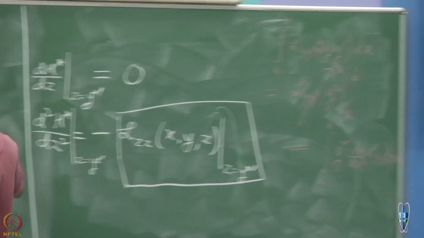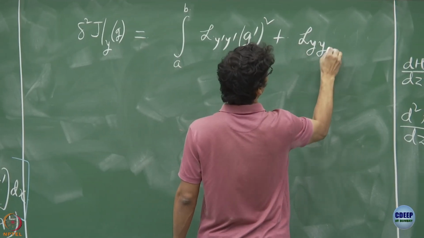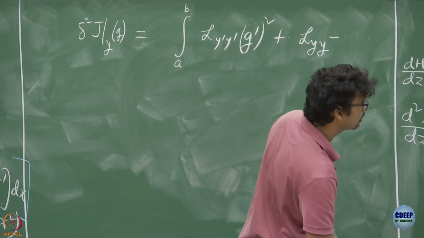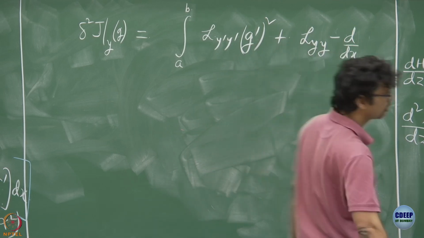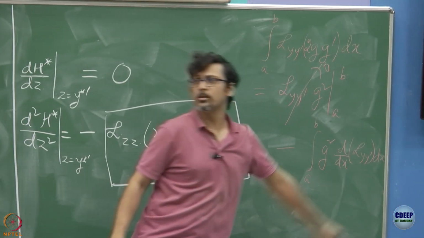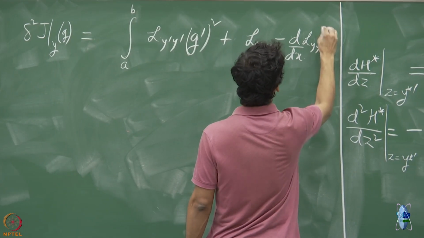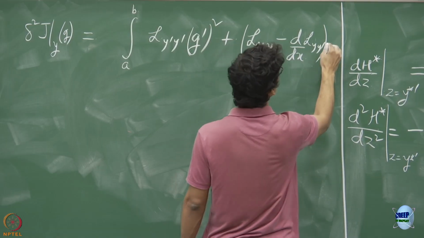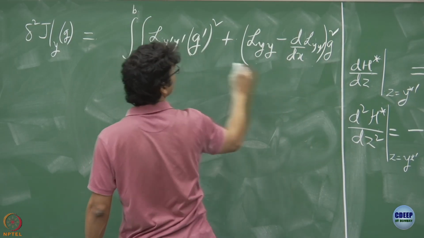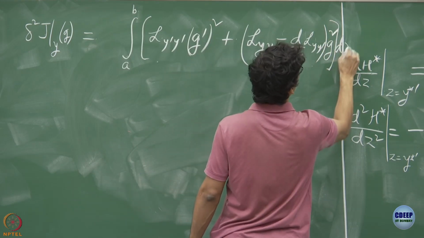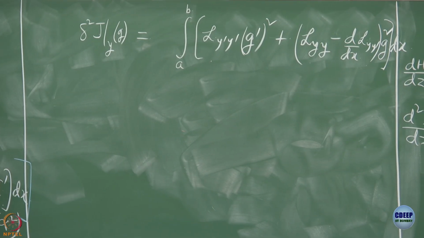So what I will have is L y y minus d dx of L y y prime, this whole thing multiplied by g squared, dx, agreed, correct.